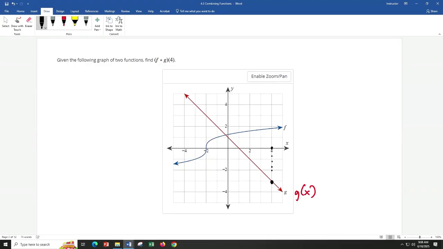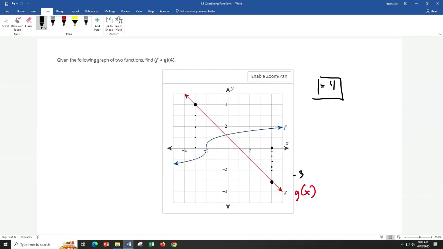Hey, g of 4 is equal to what? -3. Well, then what do I got to do? I take that -3 and place it where? Into the f function. So now I'm looking for f of -3. Come over here to -3, and then I go up 1, 2, 3, and there it is right there. So the whole answer to this guy is going to be what? 4.